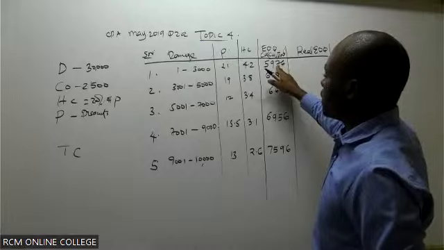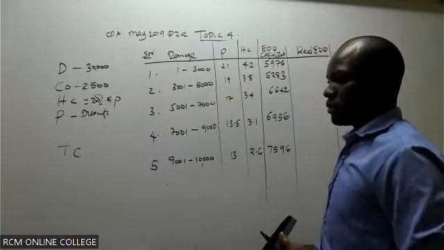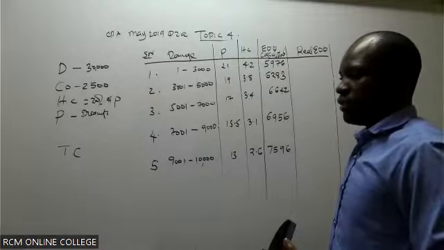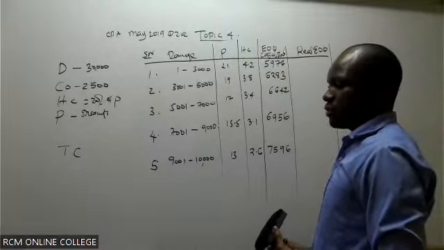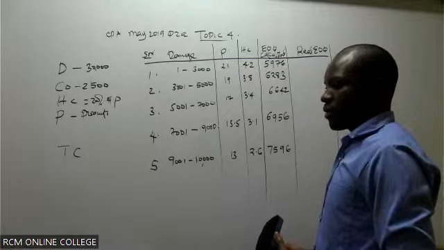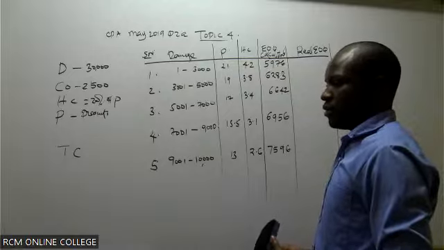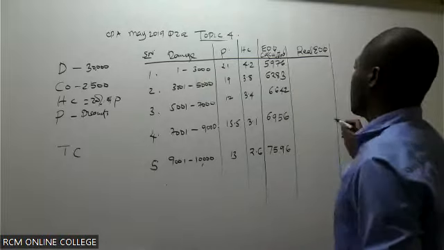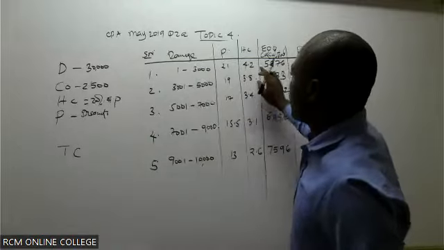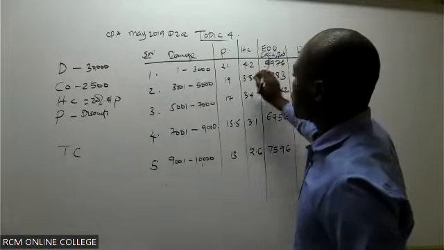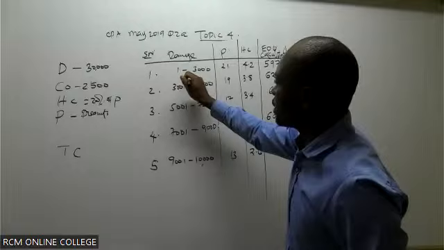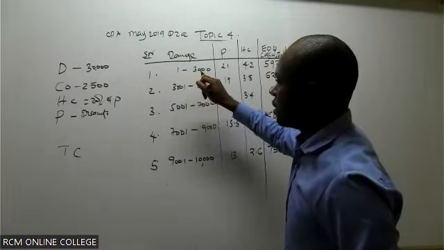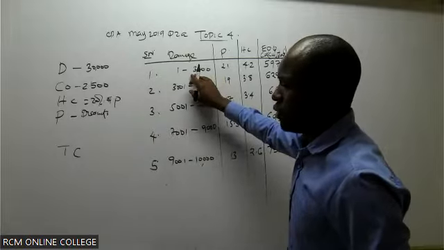Is 59.76 below or above the range? Range ni hapa 3,000. Between this range here, for example, if you bring 59.76, will you count here until you get to 59.76 before reaching 3,000? That confirms it is within or below the range.